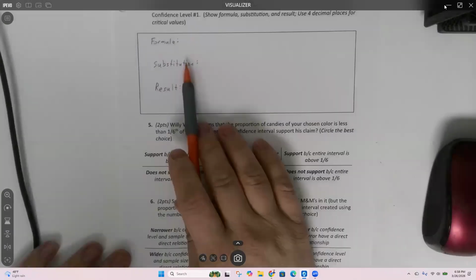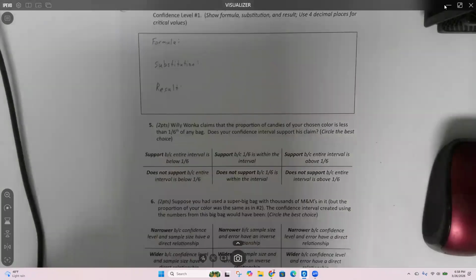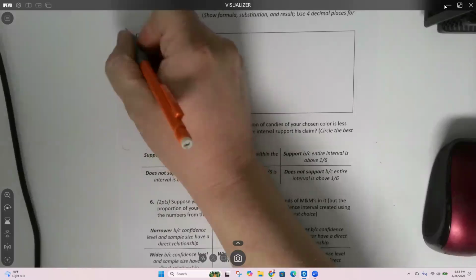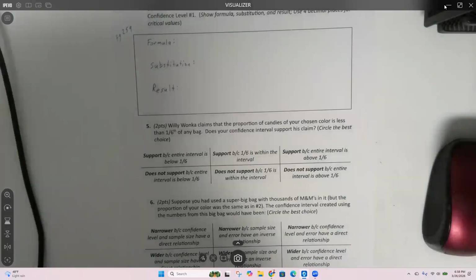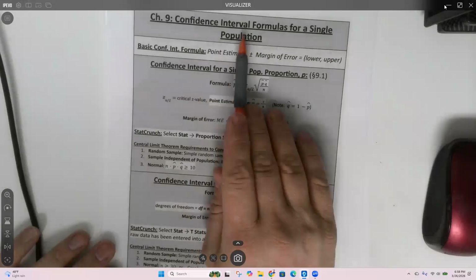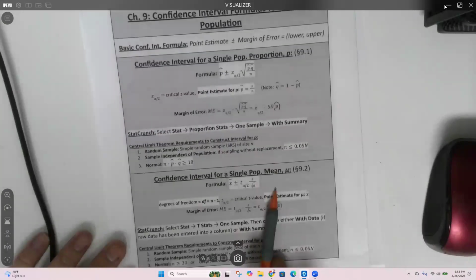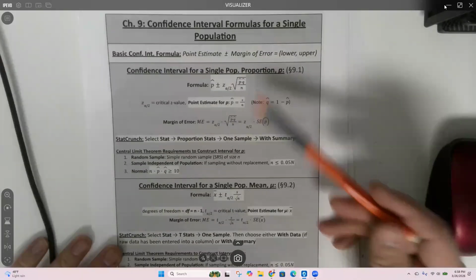Okay, so the formula is going to be on page 259 in our exam notes packet. On page 259, we have the confidence interval formula for single proportions and confidence intervals for single population means. So it's important to know whether I'm looking at means or proportions.